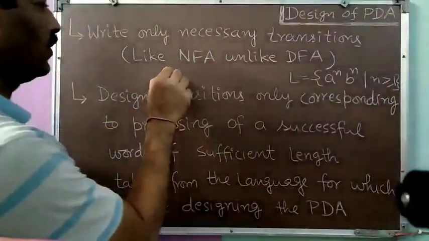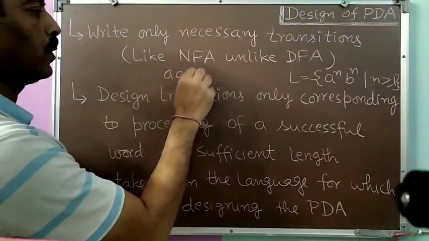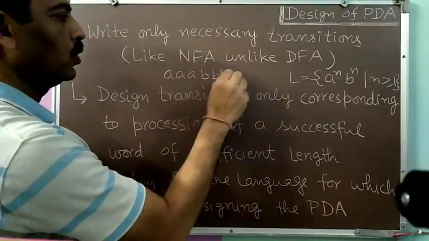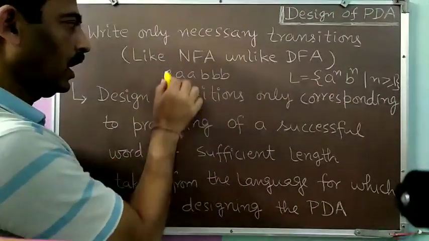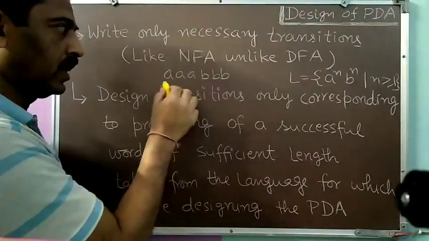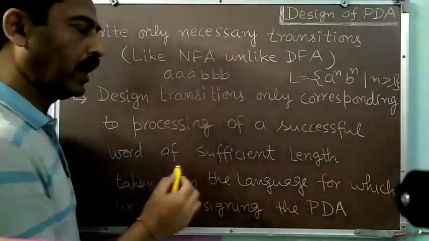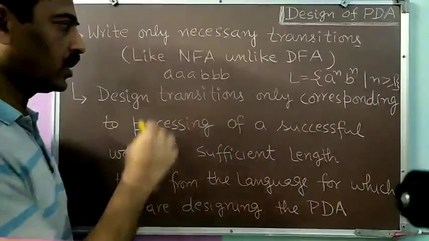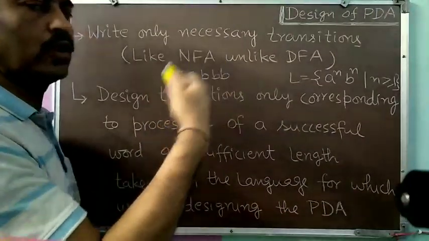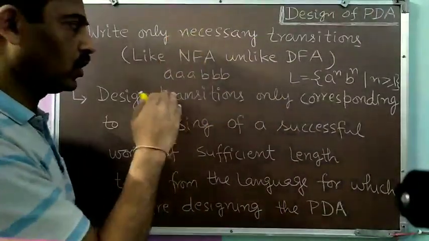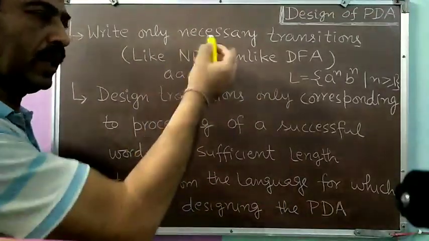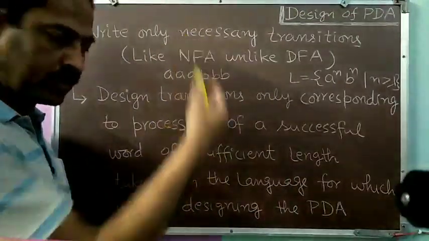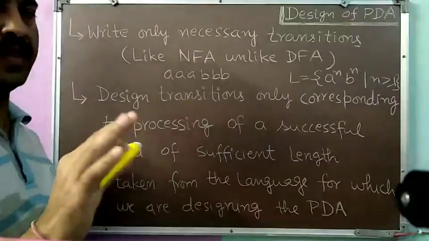Suppose I take a word from this language like triple A, triple B. This will be a word in this language. I will take this word and start processing it from left to right, taking one symbol each time, and we will see what situations we may reach from the starting situation, and accordingly we will design the transitions. Now we will take the same example to demonstrate the process we have discussed.